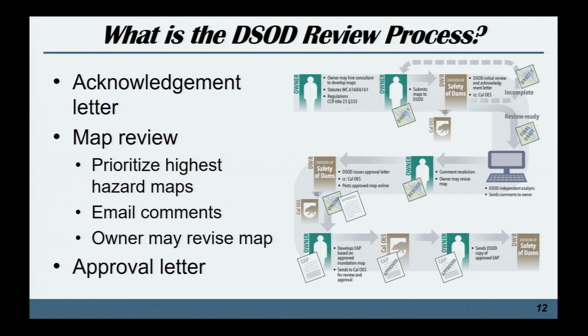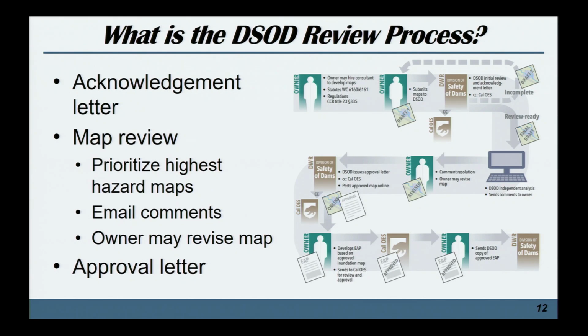Our review process is very similar to our review process for applications on dams, which is that once you send all your submittals to us, we send you an acknowledgement letter. We copy Cal OES so they know it's in our pipeline. And then we start our review by prioritizing the highest hazard maps. So for example, we're working on high hazard maps right now.